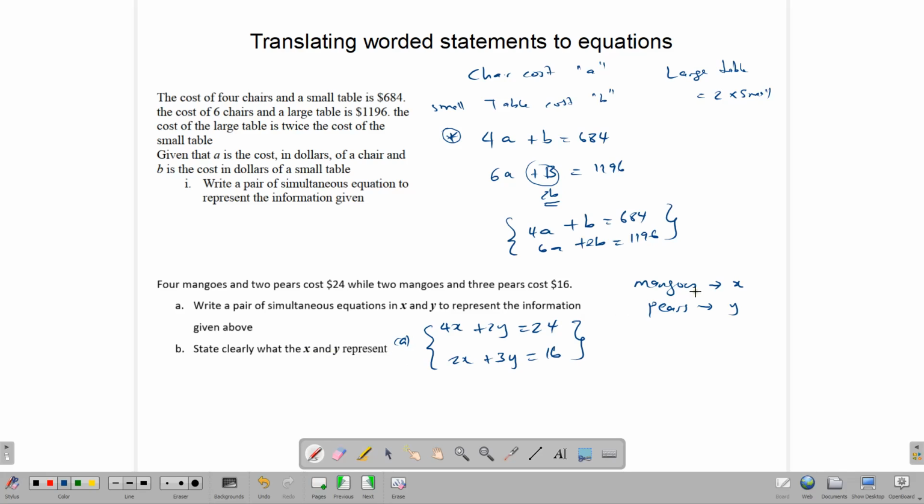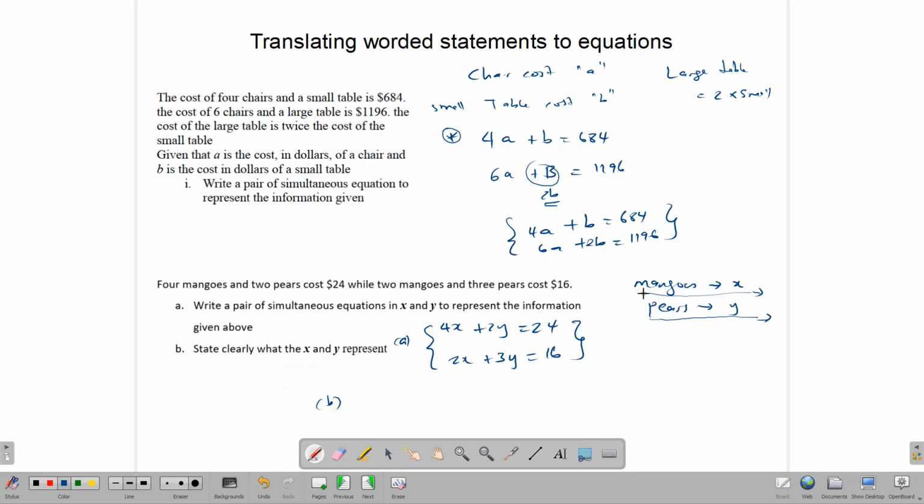So x here, as I wrote it before, does not mean mangoes, because what we want is what we are actually looking for. What we don't know, we already know how many mangoes. What we don't know is how much each one costs. So be very clear when you answer this kind of question. State clearly what x and y represent.